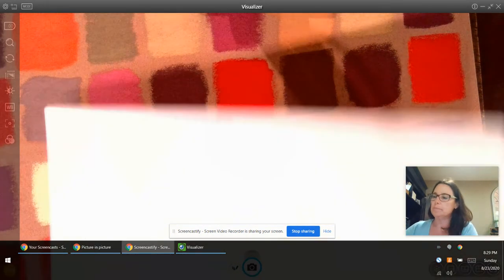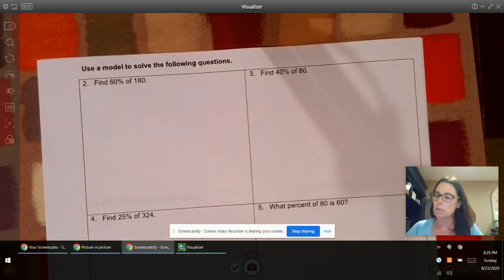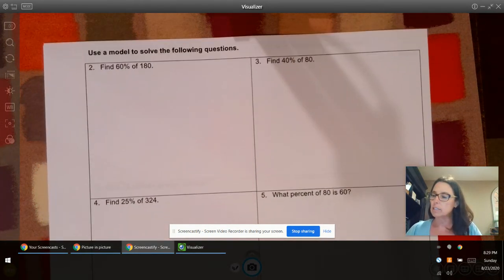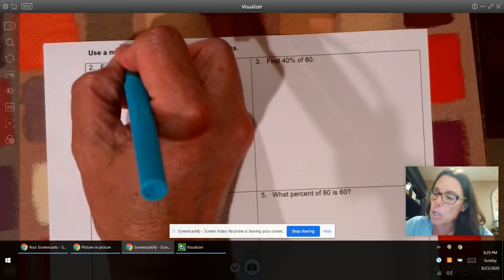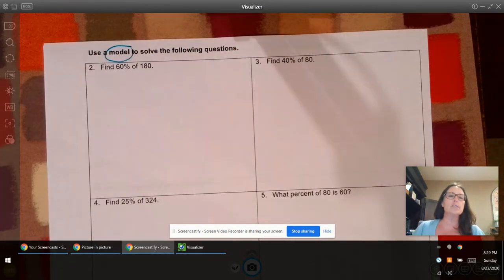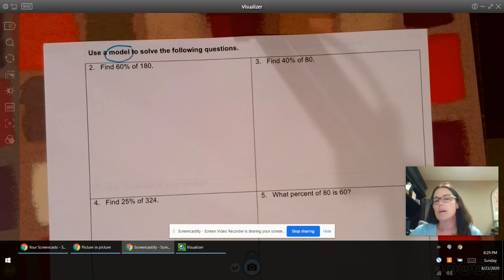something new. Okay, number 2, it says use a model to solve the following questions. Find 60% of 180. So you might already know various techniques on how to find the answer to this. I'm not concerned with that right now.